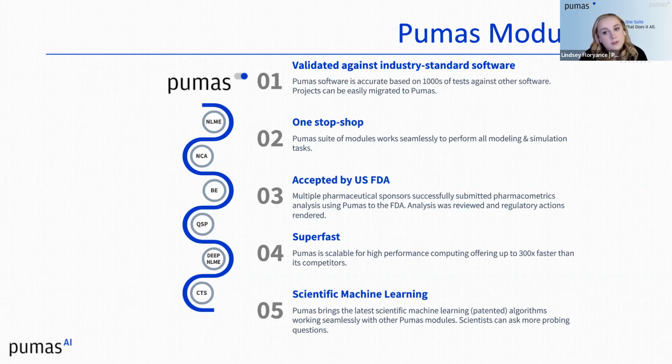We are also super fast because we utilize Julia, which is high performance computing, and we are sometimes much faster than our competitors, up to 300 times. And one other highlight I would like to bring forth is we can do scientific machine learning. One of our future endeavors that should be coming out soon is Deep Pumas, and hopefully we will have more information for you in the near future.